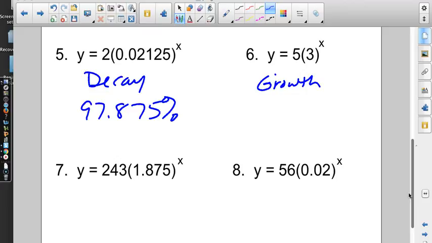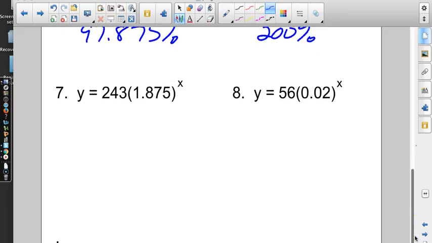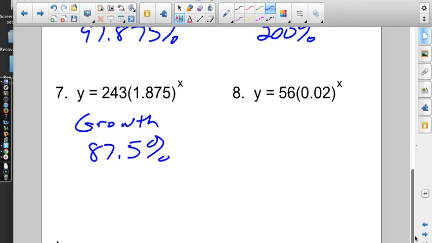This is really 200% because they added 2 to the factor, but they had moved the decimal over 2 places to get it there first, so 200%. Number 7, growth or decay? Growth. And you ask yourself, well, how much above 1 is this? 0.875 above 1, which would be 87.5%.